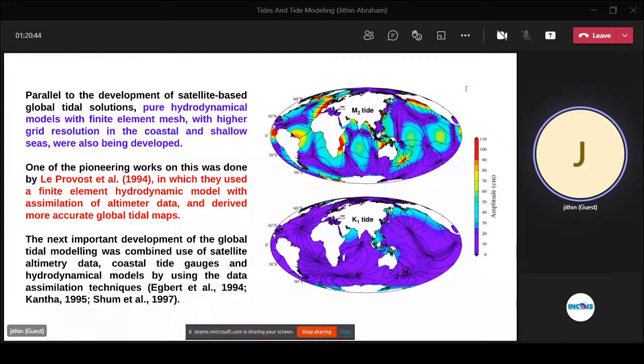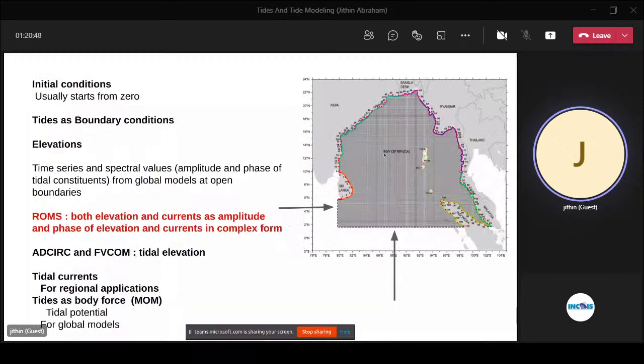For practical applications, we usually use the depth integrated equations, the momentum equation and the continuity equation, for tidal modeling. This is an example of a model domain which was prepared by Sindhu et al.